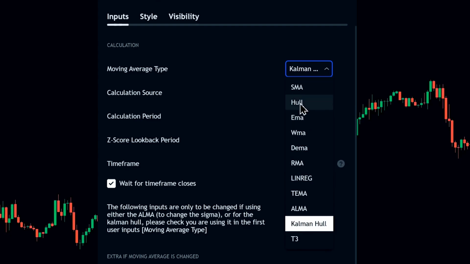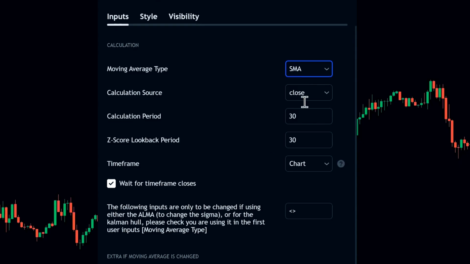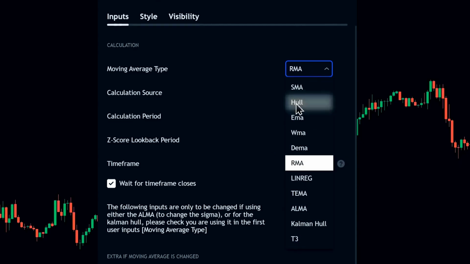Each one has unique characteristics and reacts differently to price changes, allowing you to select the best fit for your strategy. For this example, I'll use the Hull Moving Average.